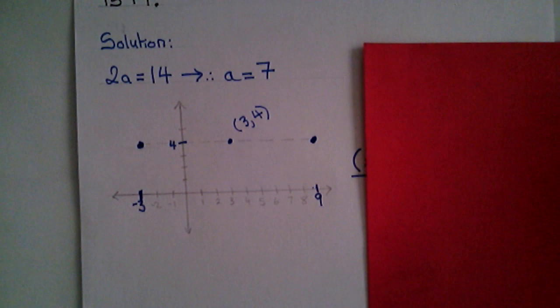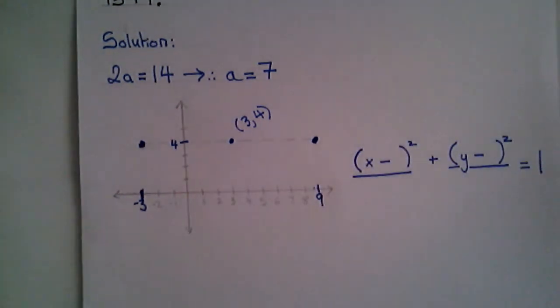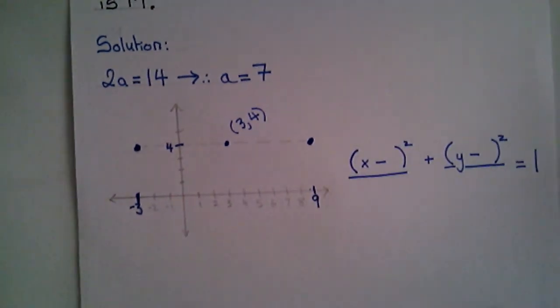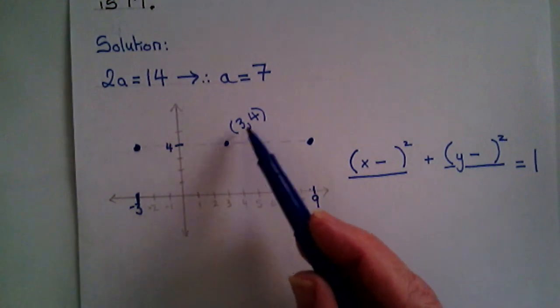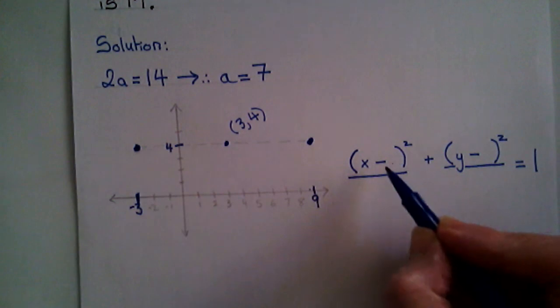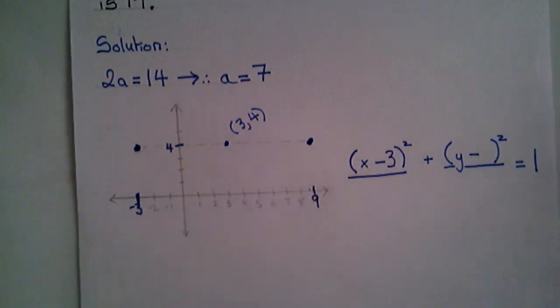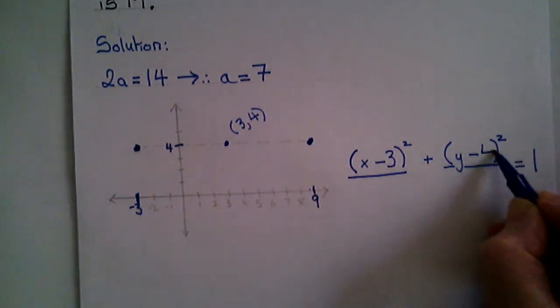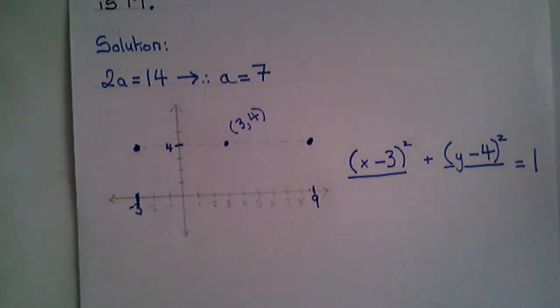So then we can put that information into our equation. So let's have a look. What have we got? We've got 3 and 4. X is 3, so the 3 goes here. Y is 4, goes there. And do we know what a squared is?